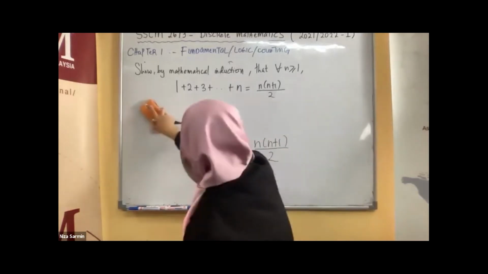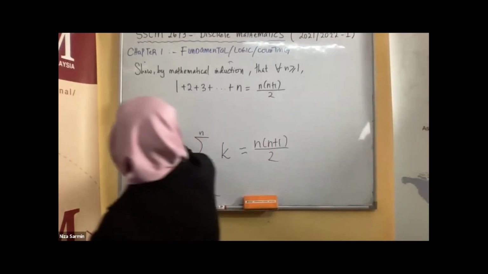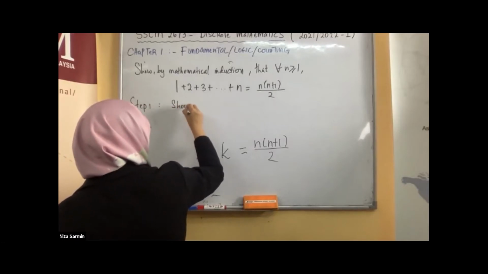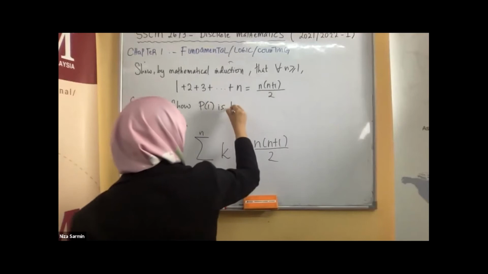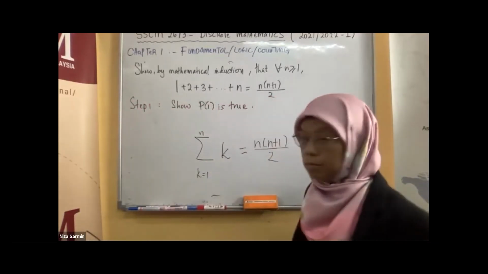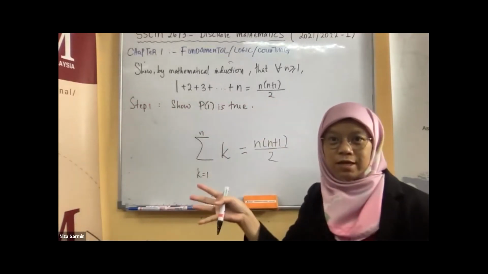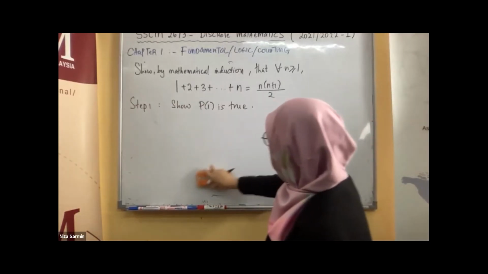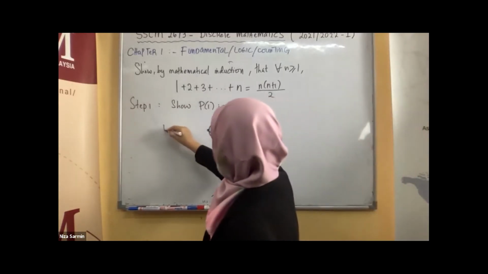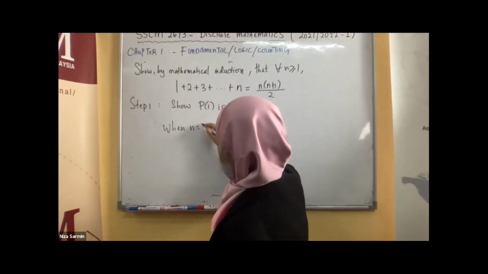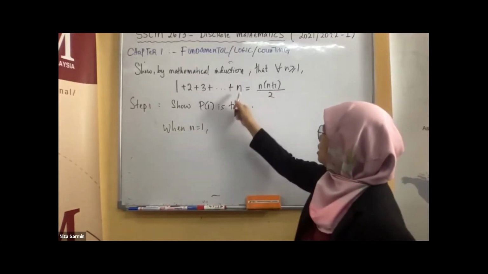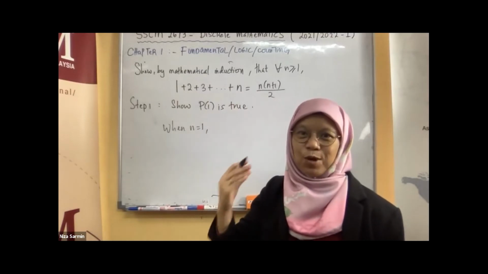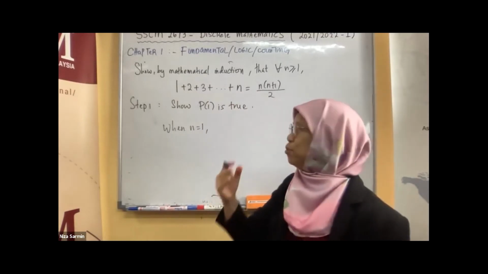All right. So what do you have to do? Step 1, show P1 is true. You have to show left and then right. Just replace. When n is 1, you just have this, because you just add one time. When n is 1, don't put 1 plus 1.